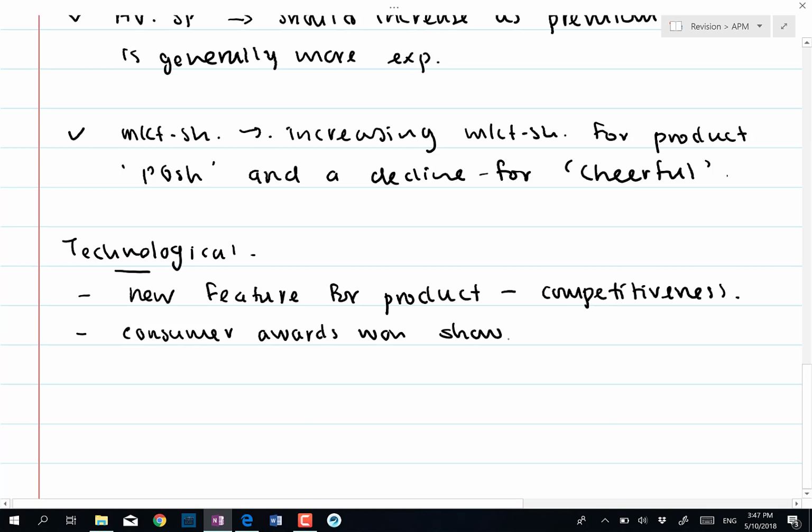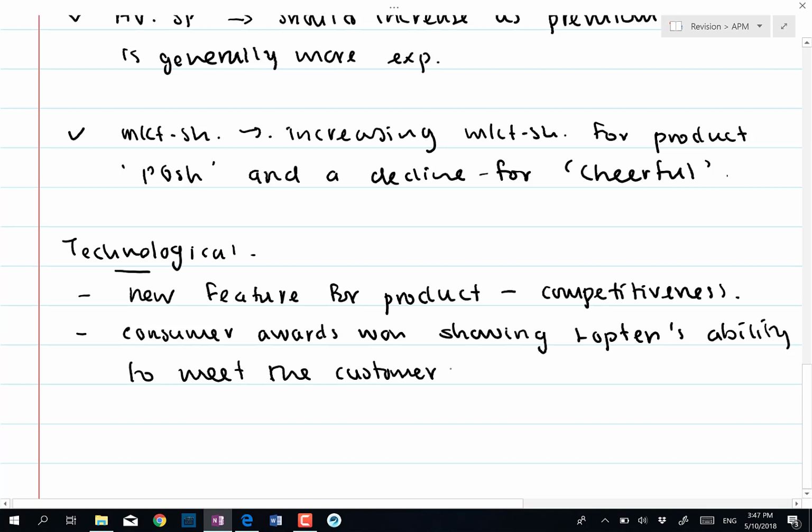which is effective in showing Lopten's ability to meet the customer need, or even contribution per unit may decline with better technological production.